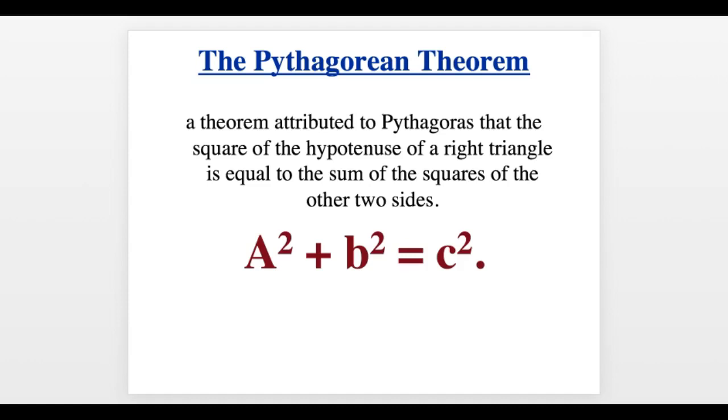And we're going to dig deeper into that as we go throughout this lesson. But keying in on the square of the hypotenuse of a right triangle being equal to the sum of the squares of the other two sides, essentially, there is the actual formula for the Pythagorean theorem.